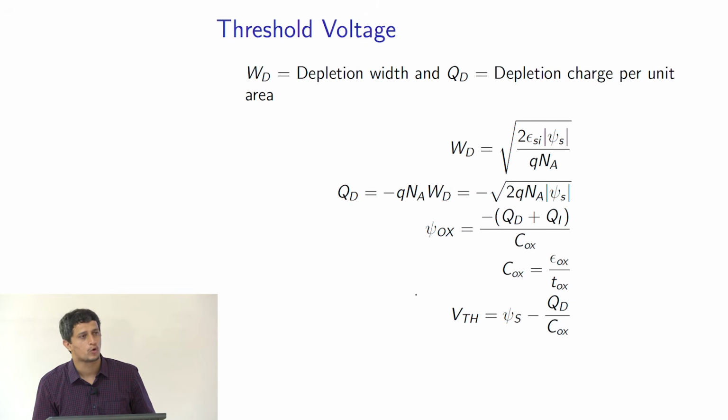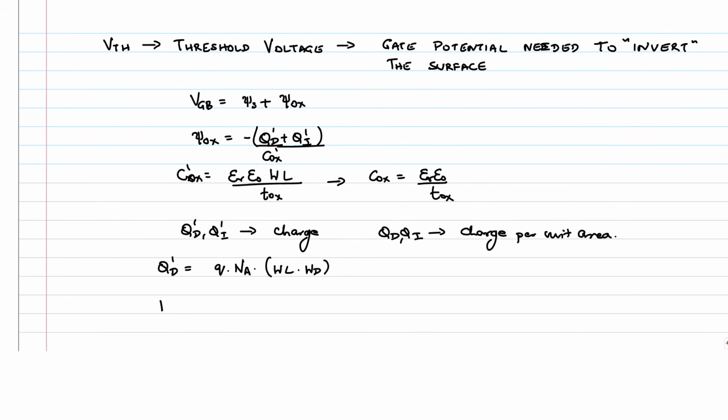WD is root of 2 epsilon Si into mod psi s by Q into Na. I will tell you why we are writing mod psi s. You can derive this by solving Poisson's equation.